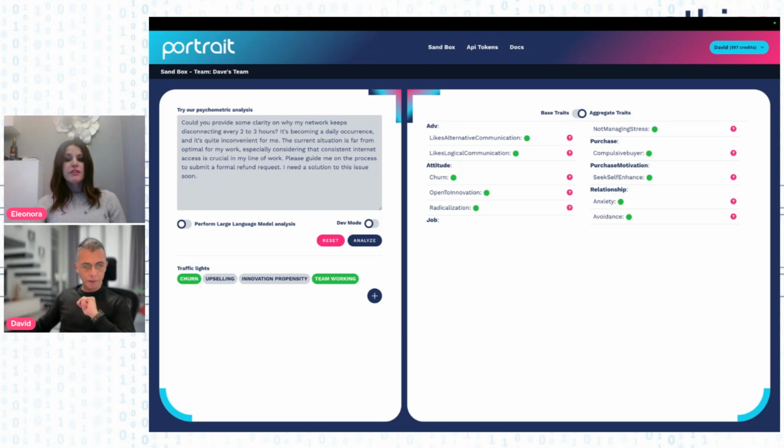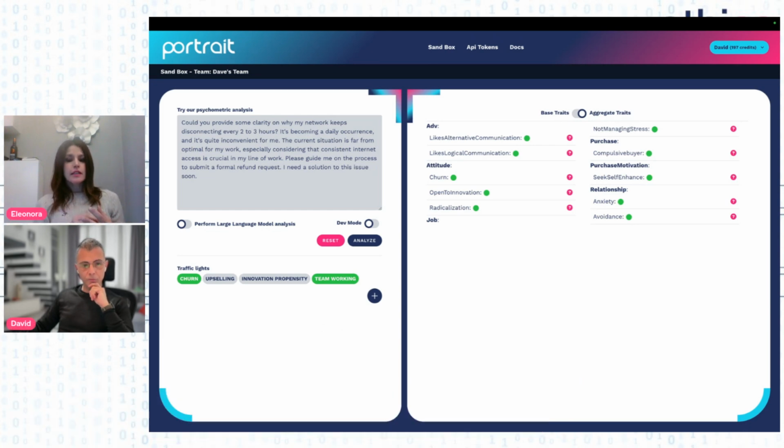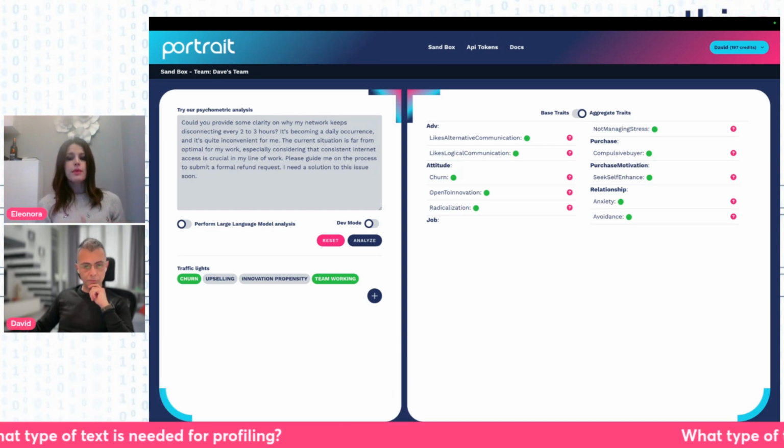Well, and what type of text is needed for profiling? This is our fourth question. As David mentioned before, we need about 300 written text characters to profile a subject. And we can take our input text from messages, emails, documents, but also retrieving personal data within the CRM.